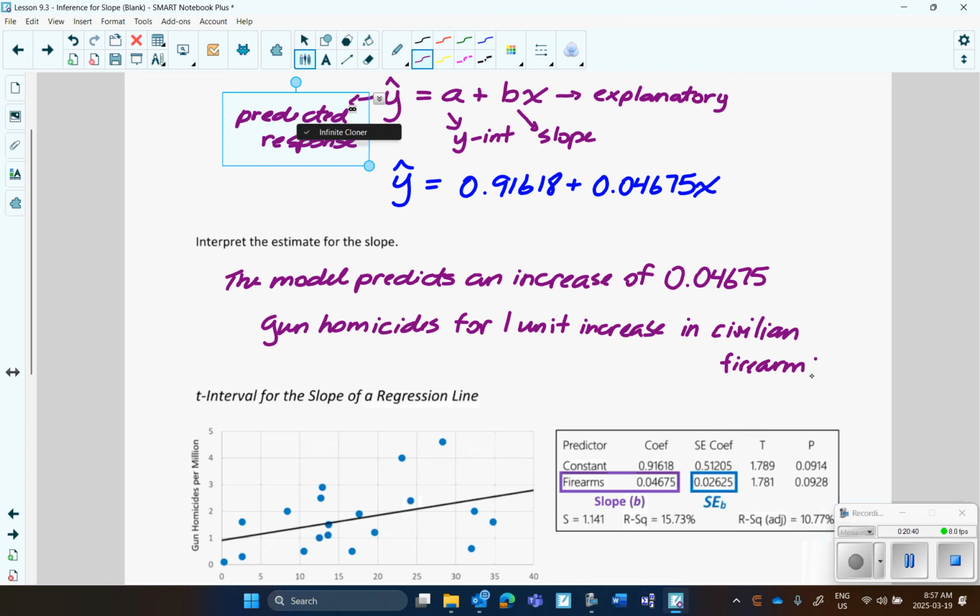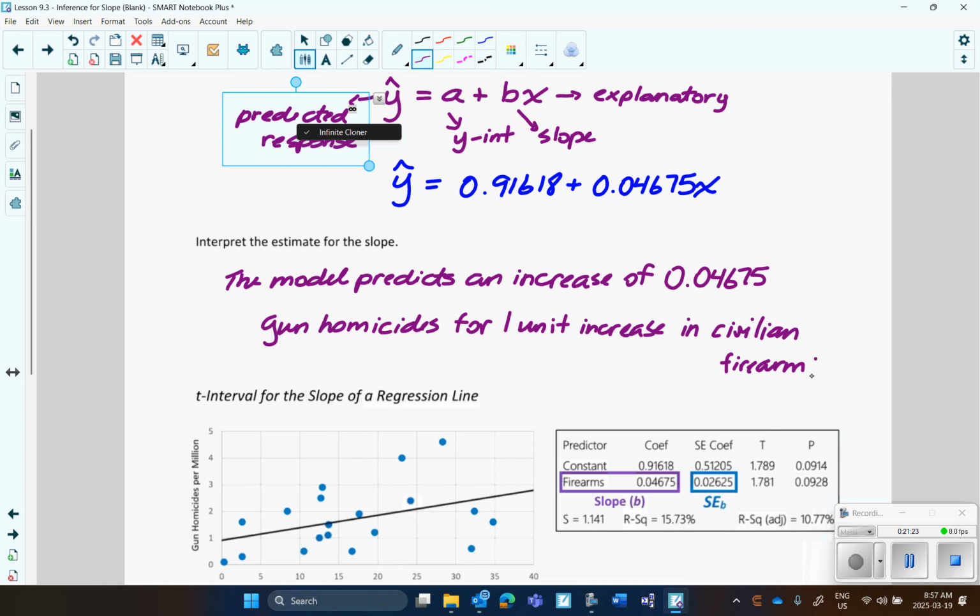Because now we're going to ask, how good is this line? Does this line actually show a relationship? Can we make a conclusion? There are two ways we can determine that, either a confidence interval or a hypothesis test. So we're going to do both. Because we're dealing with quantitative values, remember we use t-intervals and t-tests.